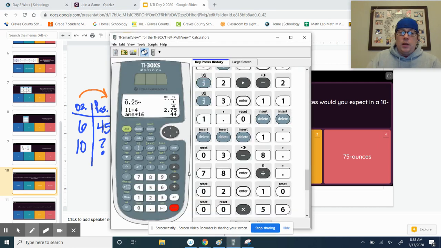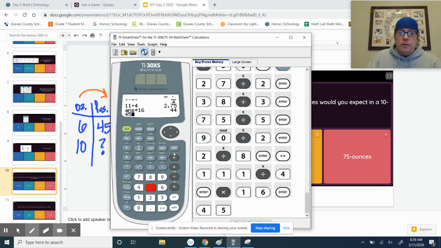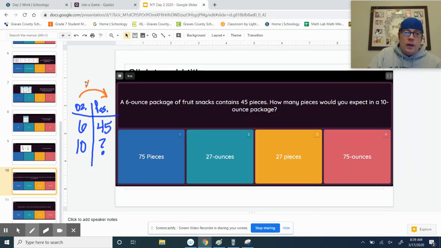So you could do something like 45 divided by 6, and that would tell you what your constant is, which in this case is 7.5. So we're going to be multiplying by 7.5 to get to the other side. And 10 times 7.5 is 75. Be careful here. This one was trying to throw a little curveball at you. They knew that you were going to find the answer pretty easily of 75.